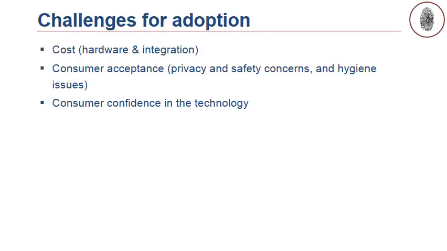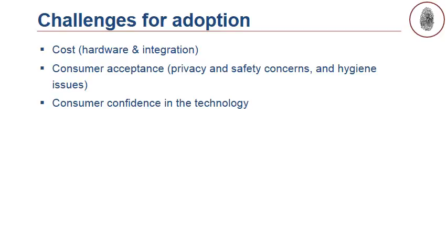So now, if fingerprint technology is so good, why isn't every country taking it up? There are some challenges. Obviously, cost being number one, the hardware and integration cost, retrofitting fingerprint technology readers in existing ATMs is rather expensive.